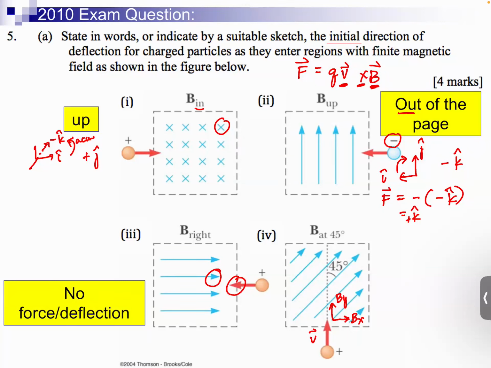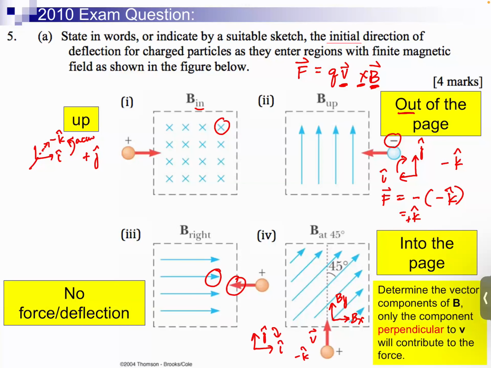And all you have to do is get the cross product between the velocity vector, which is a plus j hat, cross that with the X component of the magnetic field vector, i hat. You're going in the clockwise direction, so that will give you a minus k hat, into the page.